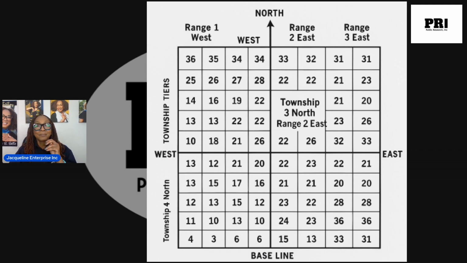And it's numbered in a snake-like pattern from the top right corner, section 1, all the way down to the bottom right corner, that will be section 36. So we're going to start in section 1 and snake our way down to section 36.